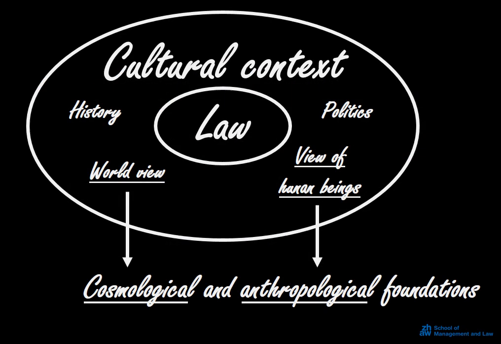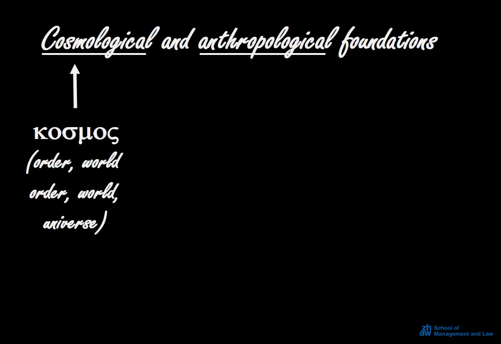The worldview and the view of human beings are about cosmology and anthropology. And looking at cosmological and anthropological foundations is fundamental for understanding a legal tradition. I think those two terms call for some explanation. Cosmological comes from the ancient Greek word kosmos, meaning order, world, universe.